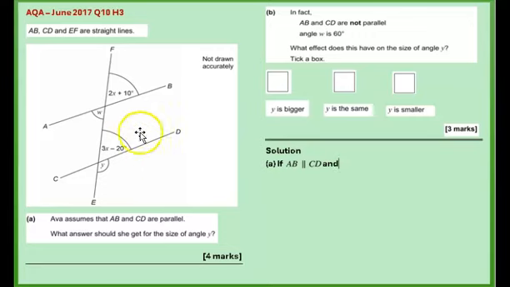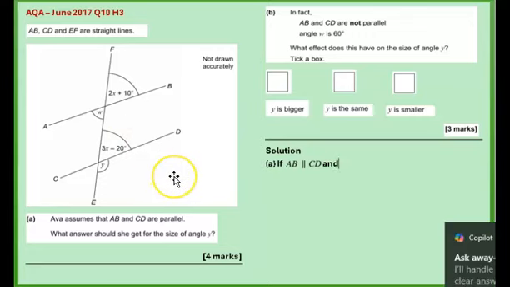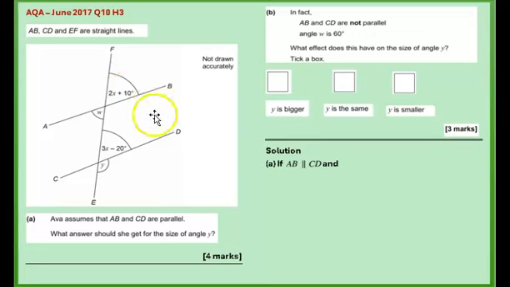Now, in our case, the corresponding angles that we are looking at are 2x plus 10 and 3x minus 20. Because the lines are parallel, two corresponding angles are equal.